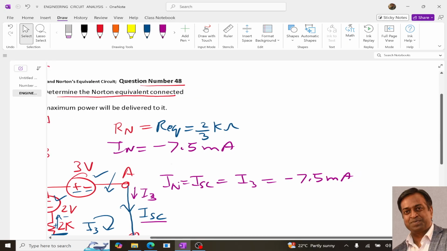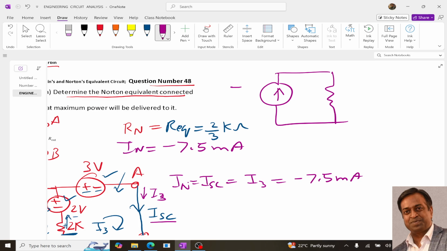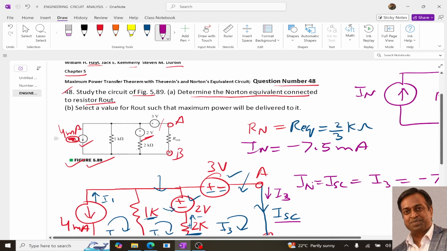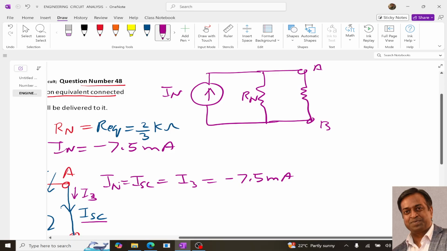Now we can draw the Norton equivalent circuit. So the Norton equivalent circuit, general circuit is like this: IN, RN, and this is our load resistance AB, and in our circuit it is R out, so we will put it as R out. RN is 2 by 3 kilo ohm, right?